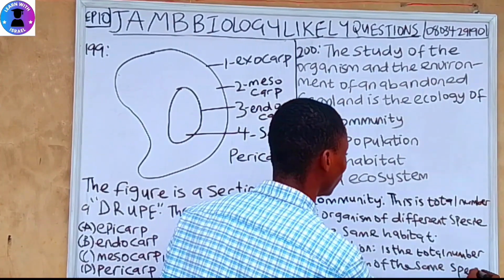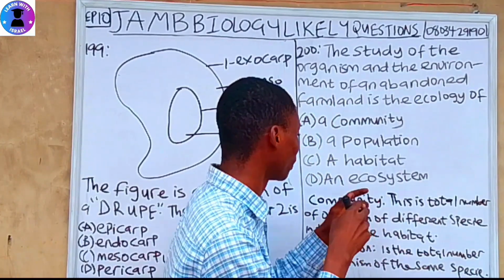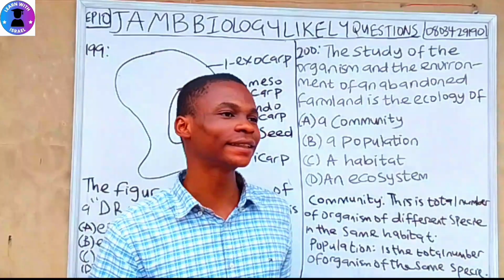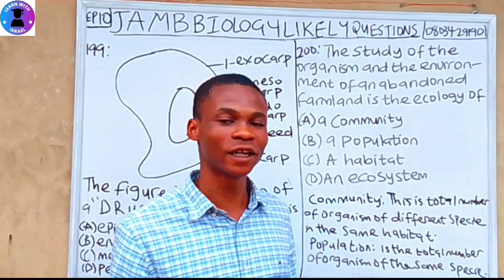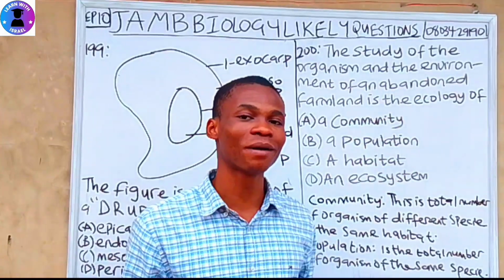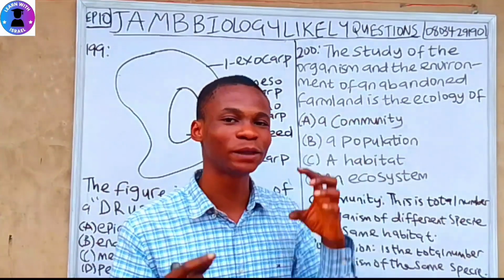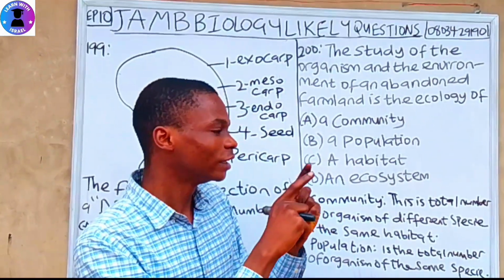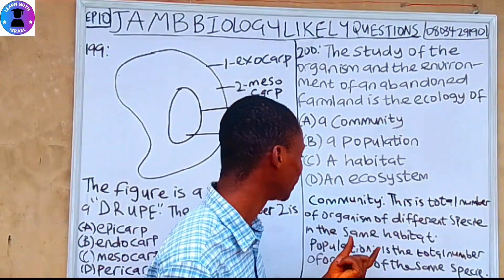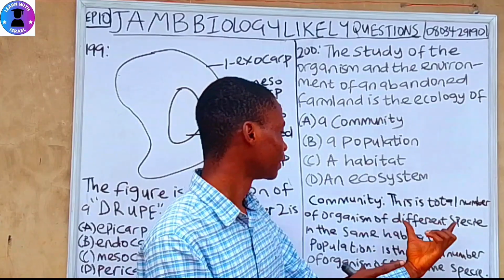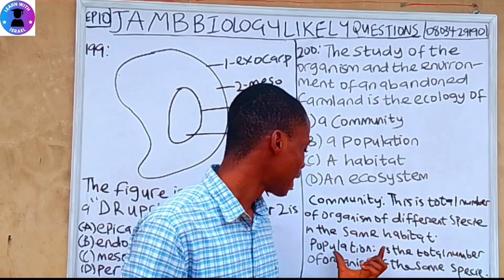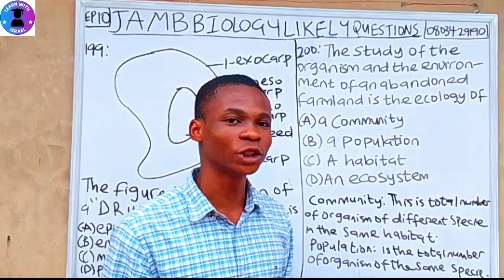Community is the total number of organisms of different, diverse kinds of species in the same habitat, while population is the total number of organisms of the same species in the same habitat. So the single difference between community and population is that different species are in a community and the same species are what form the population.